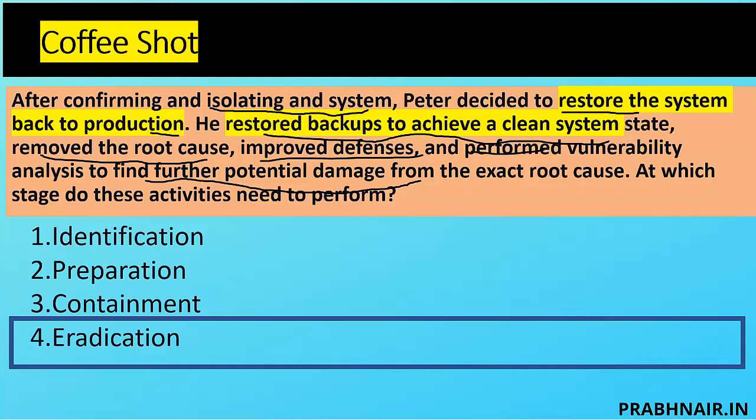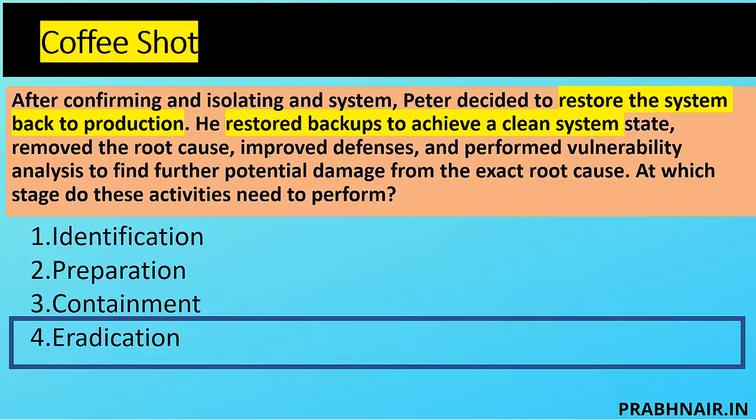During recovery we perform the clean installation. Three keywords led me to eradication: first, improve the defense; second, perform the vulnerability analysis; and third, root cause. That's why the answer is D, sorry, D for Delta. Let's move to the next question.